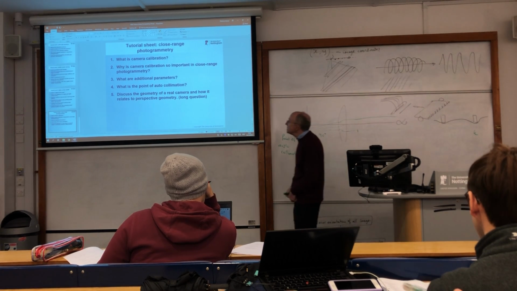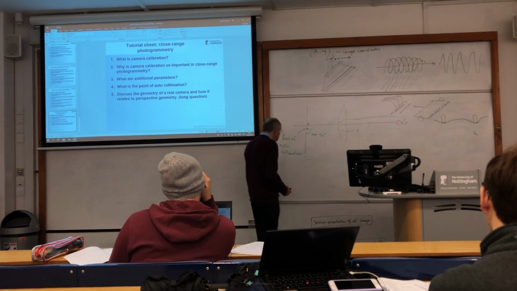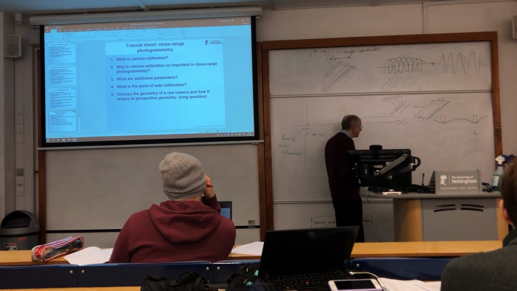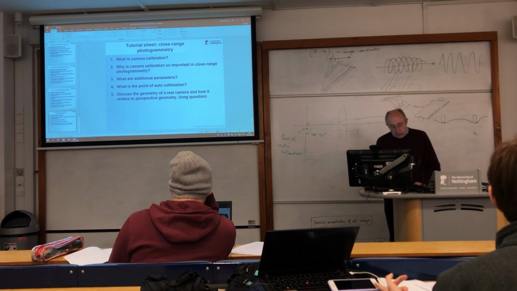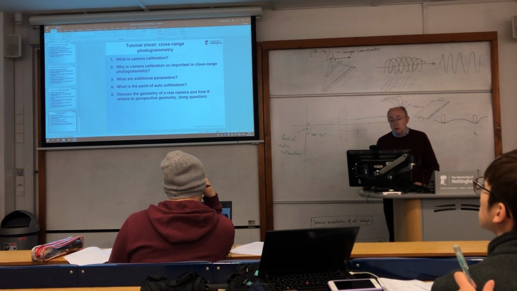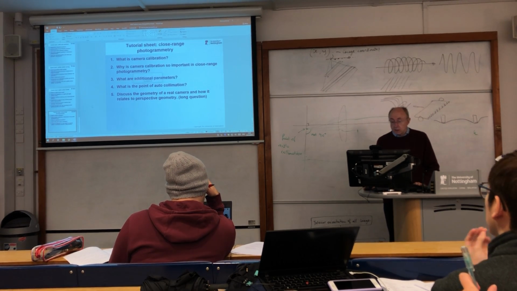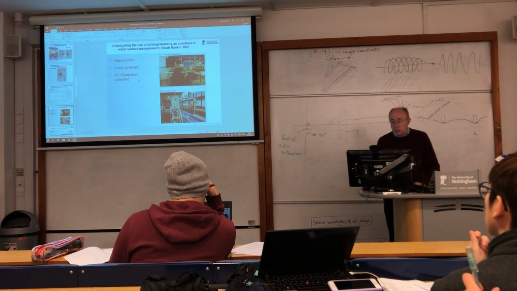And then the last question: discuss the geometry of a real camera and how it relates to perspective geometry. Well, this goes back to really this slide here. I think, again, keeping half an eye on the clock so we're not here till midnight. There we are, let's go right to the end here.